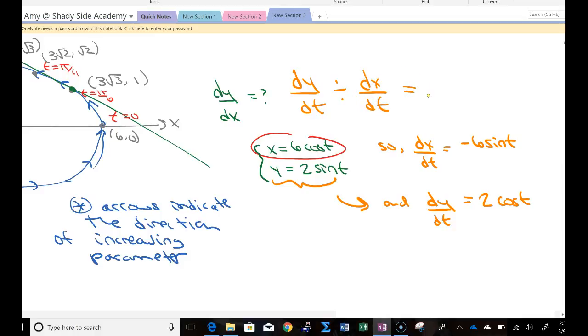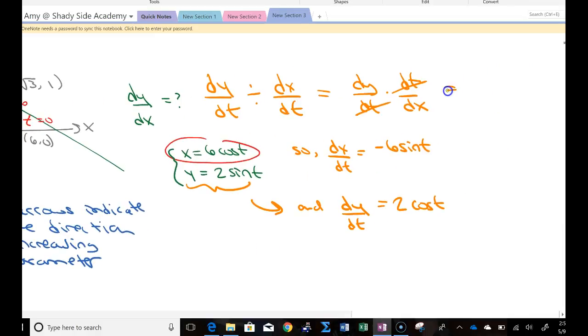Let's see. If I say dy/dt divided by dx/dt, let's just check the math out, and we are left with, boys and girls, dy/dx.